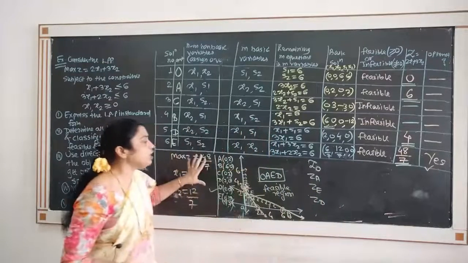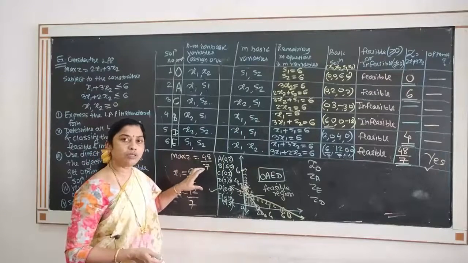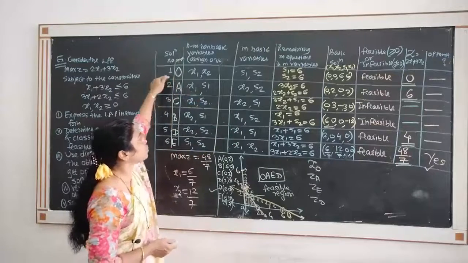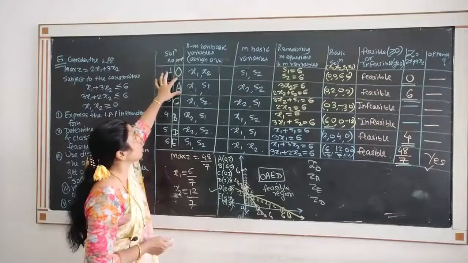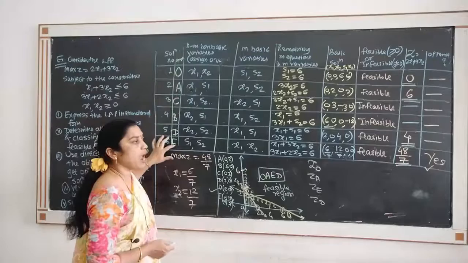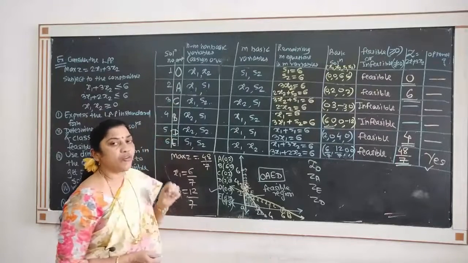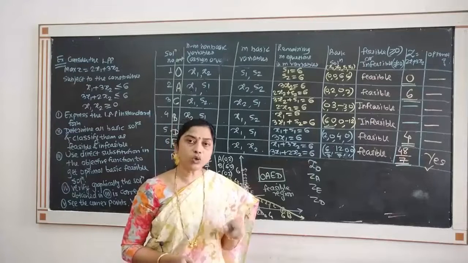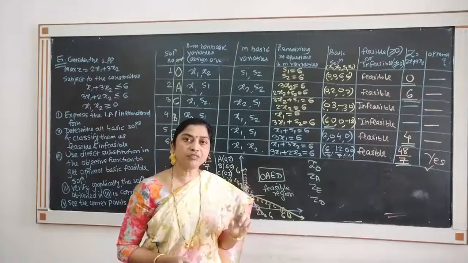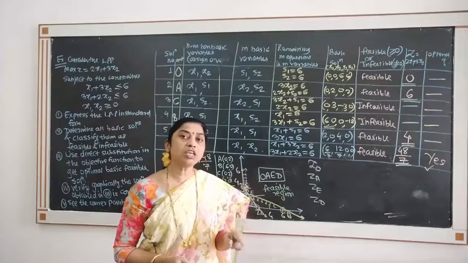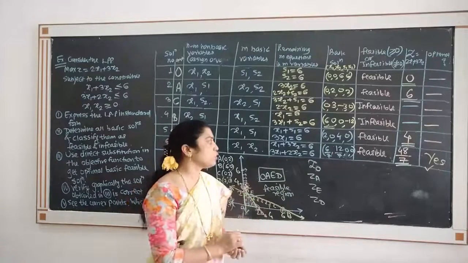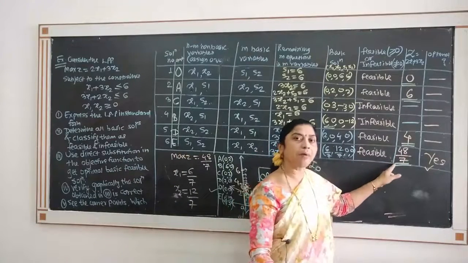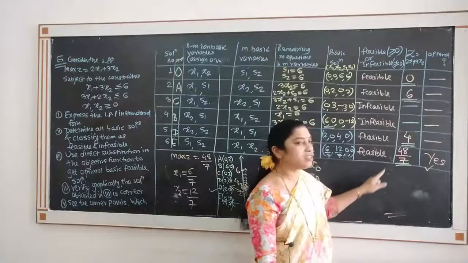So we have studied the algebraic method to solve the graph. So every solution corresponds to a corner point, and those corner points which represent the feasible region give us feasible solutions, and those corner points which do not represent the feasible region give us infeasible solutions. So by the algebraic method we get the same answer, and by the graphical method also we get the same answer.